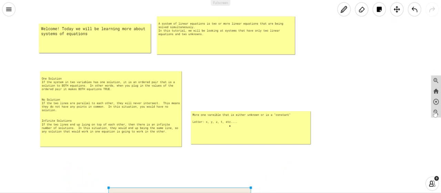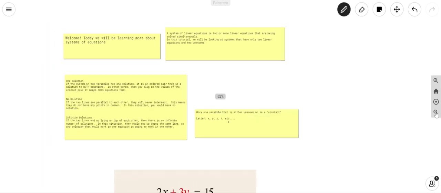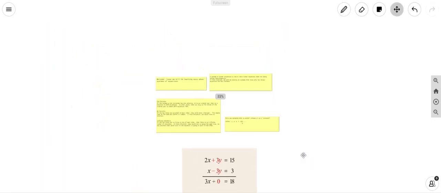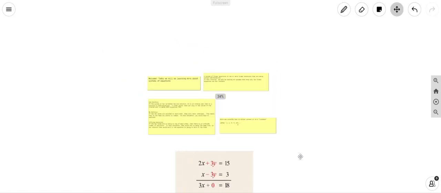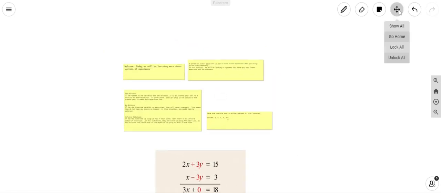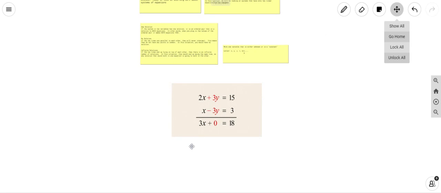Okay. So an example of this would be this. This is a system of equations and it is solved by elimination.